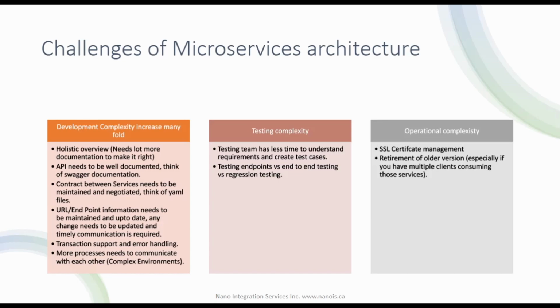If you have multiple versions, you need a very clear and published way of retiring those services, which means you have a policy in place that if there is a new version available to the client, then the client should upgrade to that version within whatever time span you set, and then you can retire the older version of those services. Otherwise, you might run into the same challenges which we have seen with monolithic applications.